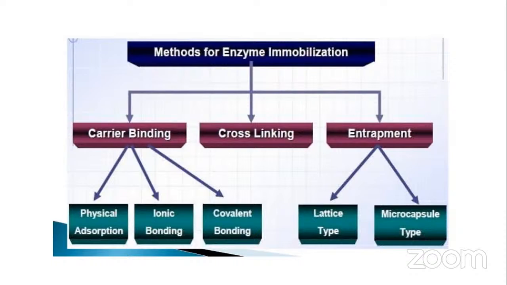One, you can simply adsorb this enzyme or anything that you want immobilized onto a physical surface. The surface can be activated charcoal. It can be erythrocyte cell membrane, ghost. It can be anything. However, this adsorption, as it is called, is a physical process, and that's how the first method is physical adsorption onto an inert surface like charcoal or anything.